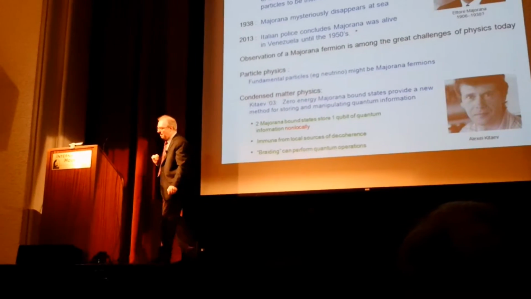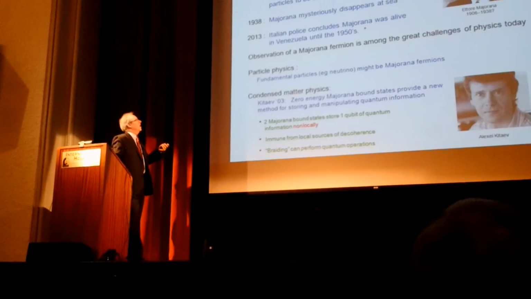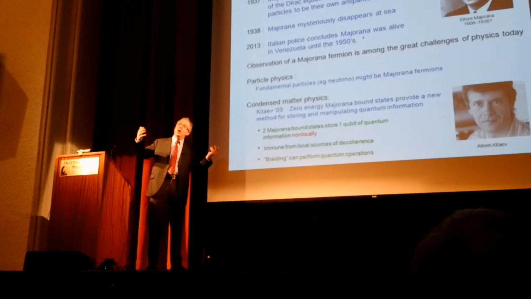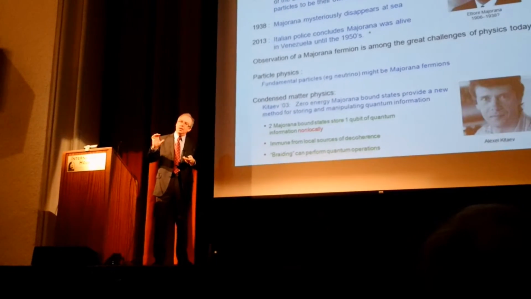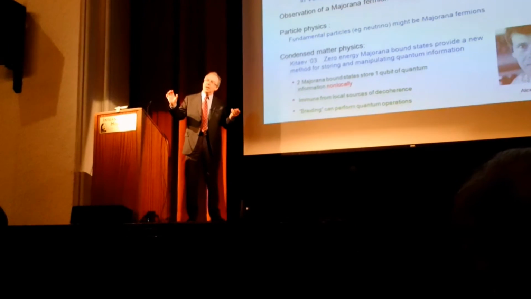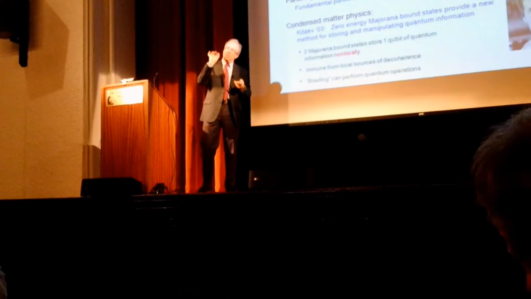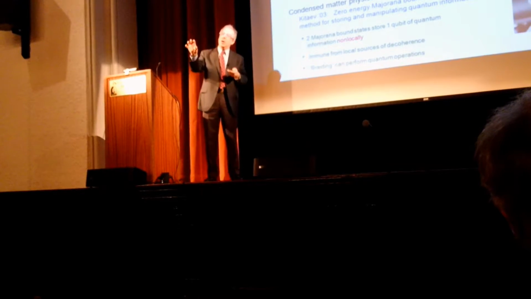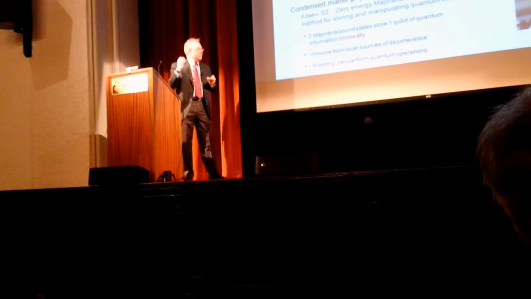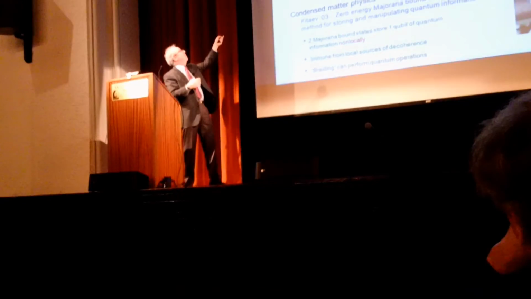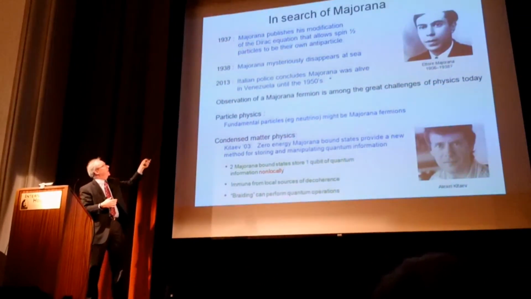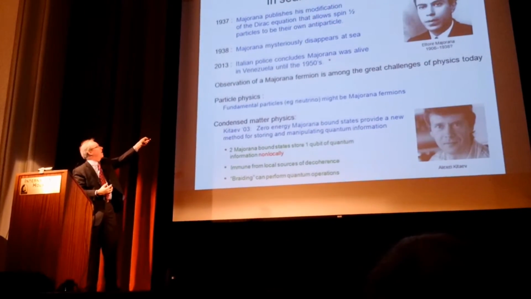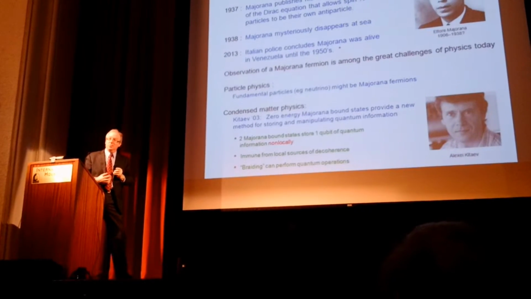So in 1937, this was in the early days of quantum mechanics, shortly after Dirac learned how to unify the theory of relativity with the theory of quantum mechanics, Majorana published a modification of Dirac's equation which showed that it is possible for spin-a-half particles to be their own antiparticles.